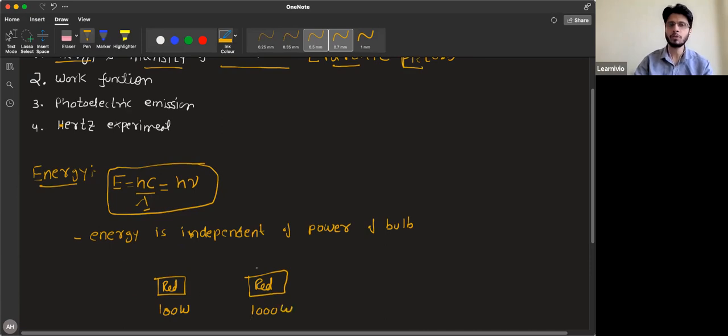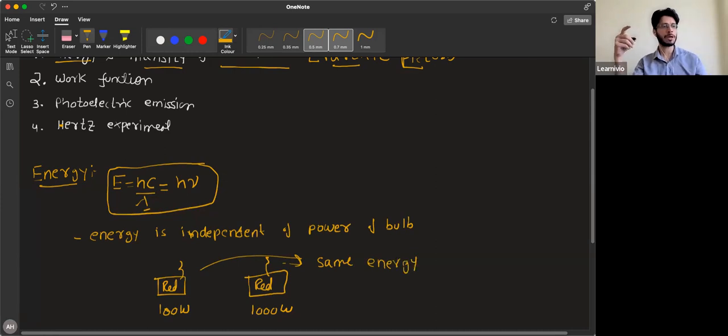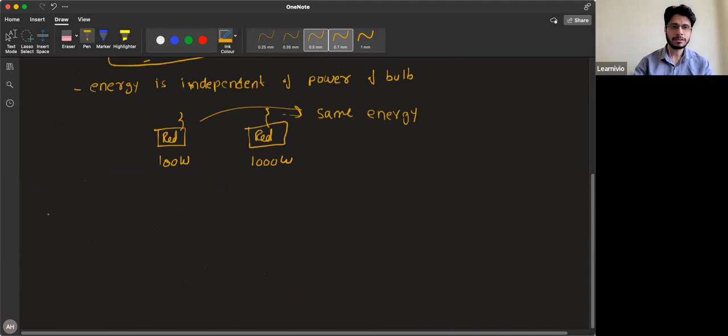The light coming from both the bulbs will have the same wavelength, so they will have the same energy. That is the difference between the wave picture and the particle picture. When you consider light in the particle picture, then energy depends only on frequency and wavelength. But when you consider it in the wave picture, then energy will depend upon the intensity, it will depend upon the power. So if you are considering light as a wave, then the 100-watt and 1000-watt bulbs will both have different effects. Next is intensity.